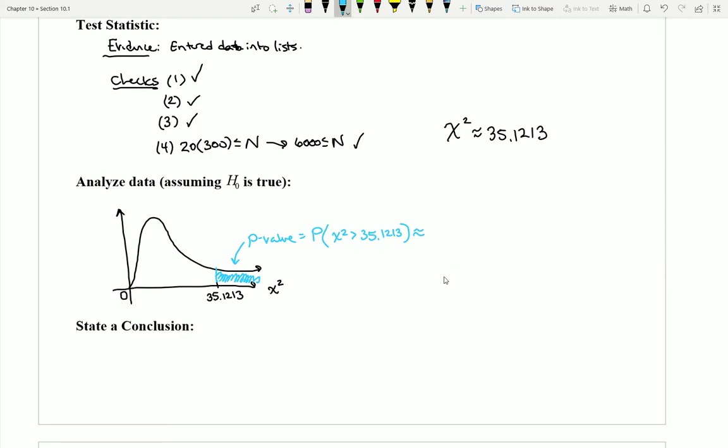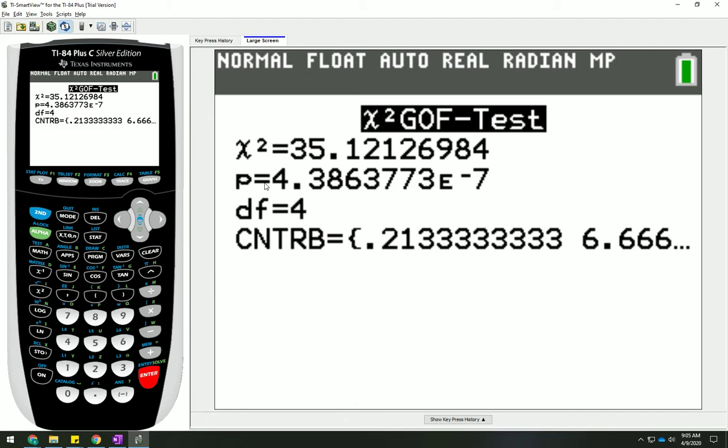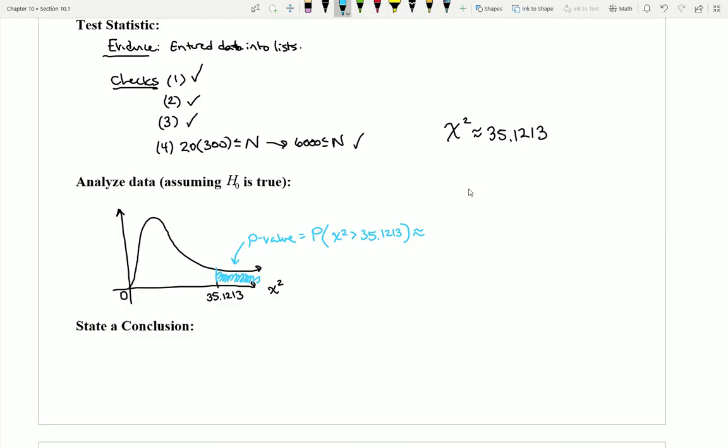I just have to be careful as I write it down. This value is 4.38 blah blah blah, but oh wait, notice it's E-7, so that means I need to have 7 zeros at the start, including the one before the decimal point. So my decimal looks something like 0.000, it's 4 zeros, 5, 6, 7 zeros, and then a 4.